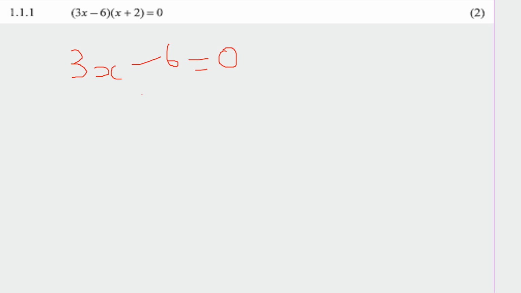Remember, when we transpose a number from the left to the right hand side, or from the right to the left hand side, it changes sign. So now we have 3x equals 6. Then we divide both sides by 3.